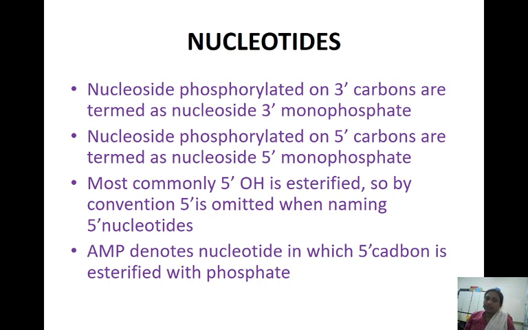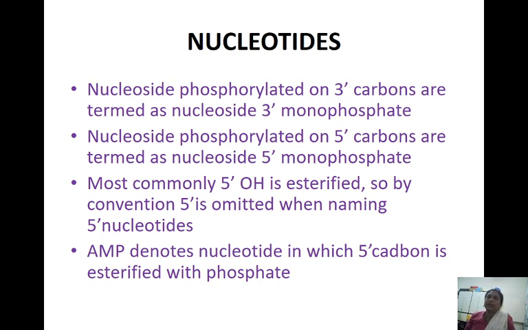In deoxyribonucleotides, the possible sites for esterification with the phosphoric acid are either 3 prime or 5 prime. If the phosphate group is attached at the 3 prime hydroxyl group, it is termed nucleoside 3 prime monophosphate. If the phosphorylation is done on the 5 prime hydroxyl group, it is termed nucleoside 5 prime monophosphate.